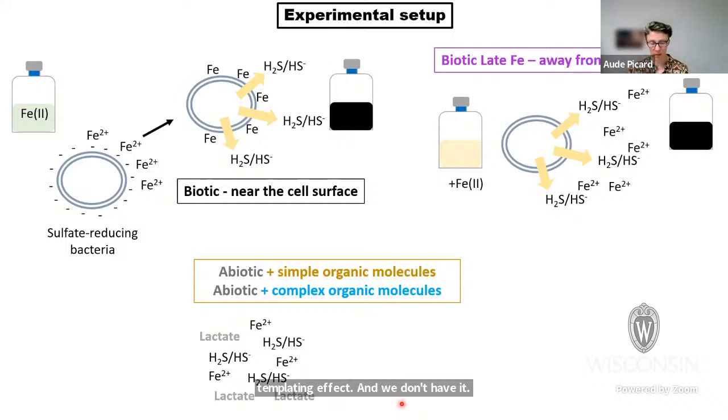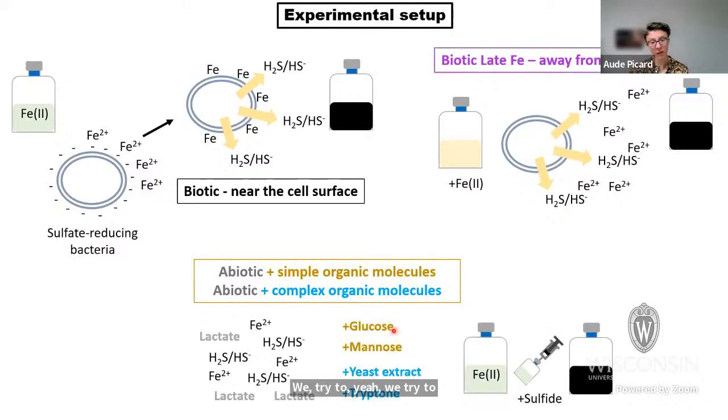And for the abiotic condition, we try to use anything that would be relevant for a prebiotic system. So simple molecules; we also use, I didn't put it here, a mixture of amino acids, and then more complex mixtures like tryptophan and yeast extract.